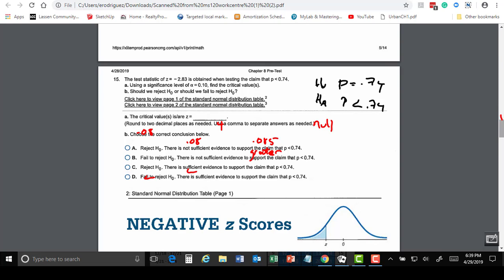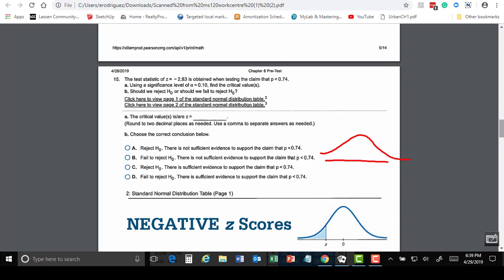So first we have to clear this up. Okay, so what are the critical values? Well, if you notice, we're doing a one-tailed test to the left. So if I do a one-tailed test to the left, then over here I'm going to put in how much they want my alpha. So I know what this is, right?